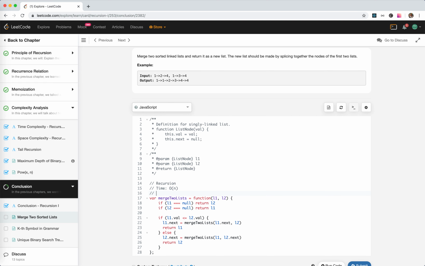But for the space, there is a call stack, so it's also O(n).